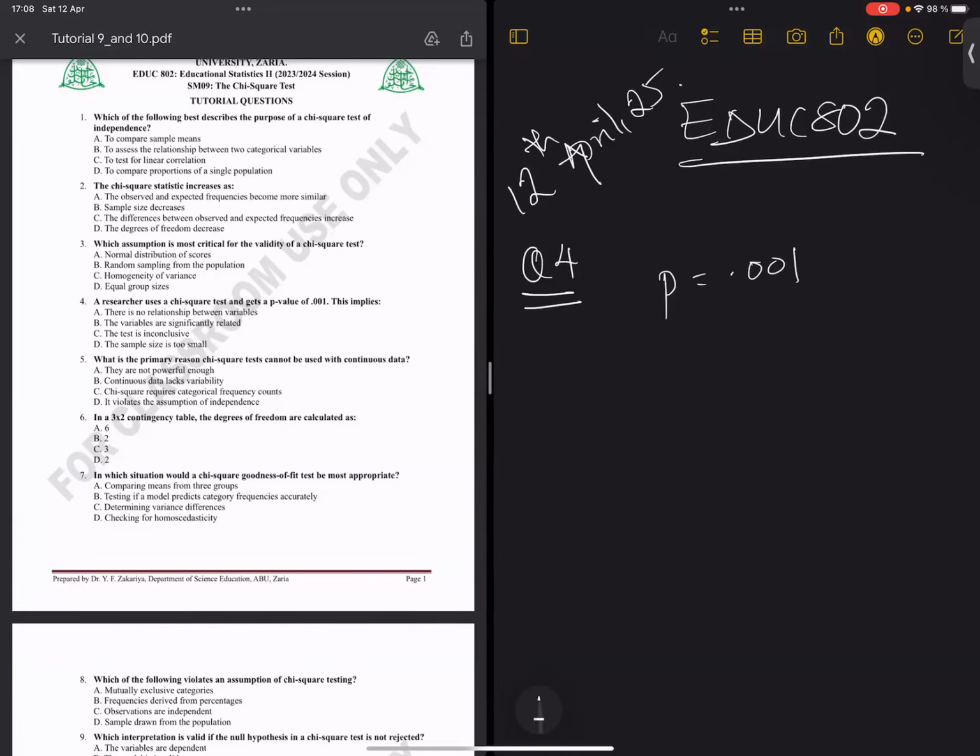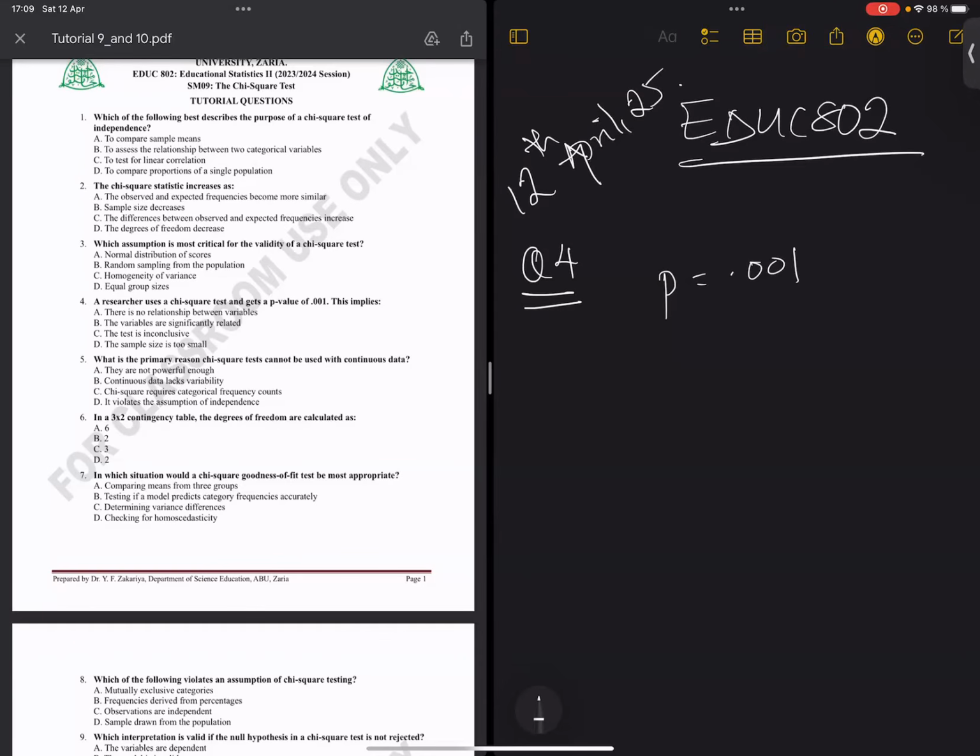There was no indication which one. But from the options, you can know that the type of chi-square in the question is the chi-square test of independence.